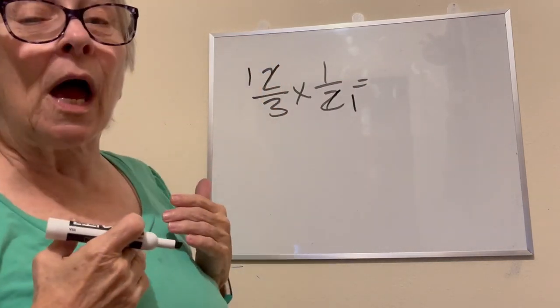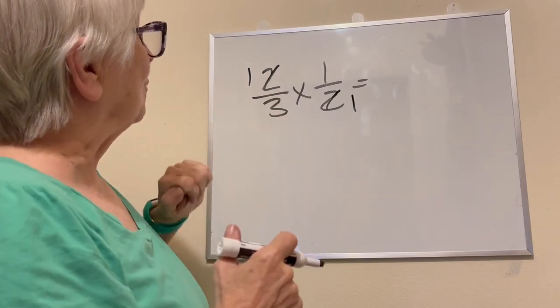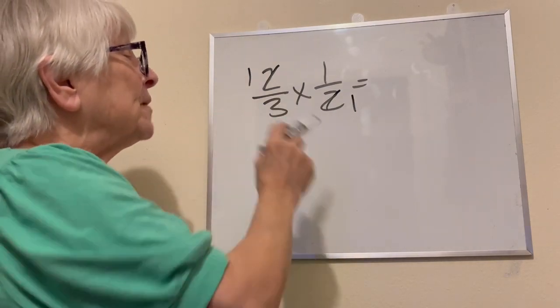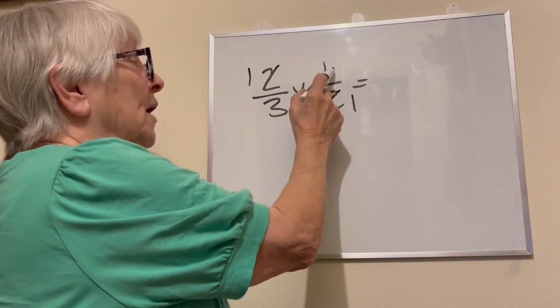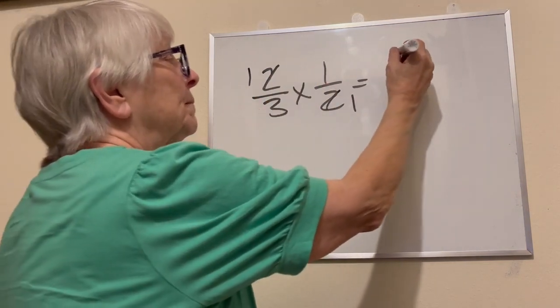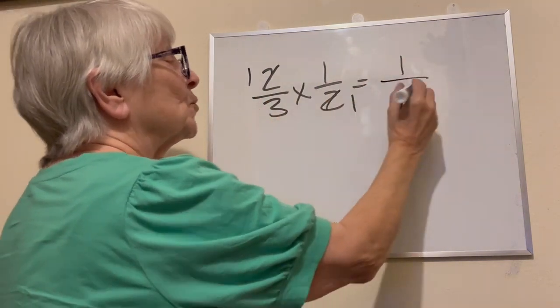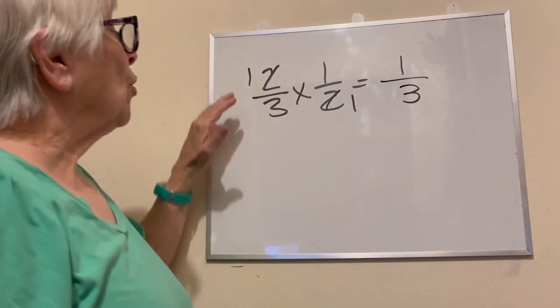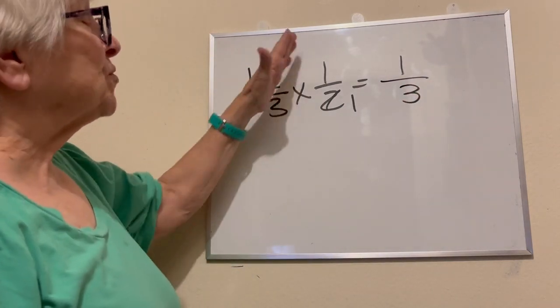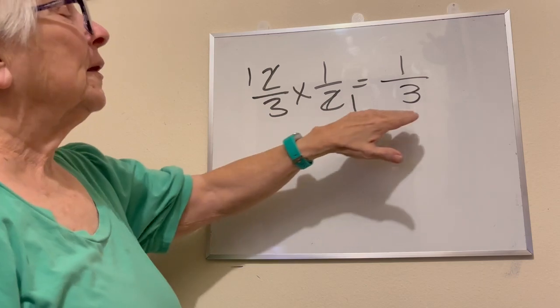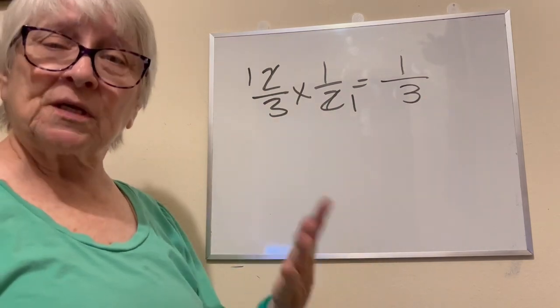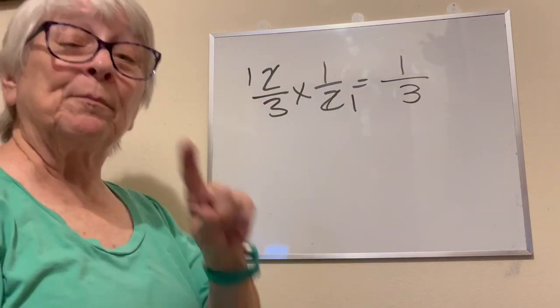That's what they called it when I was in school. Now most books call it pre-reducing. And then multiply. So we're not multiplying 2 times 1. We're multiplying 1 times 1 is 1, and 3 times 1 is 3. So 2/3 times 1/2 equals 1/3. And that's a glimpse at pre-reducing, a preview of coming attractions.